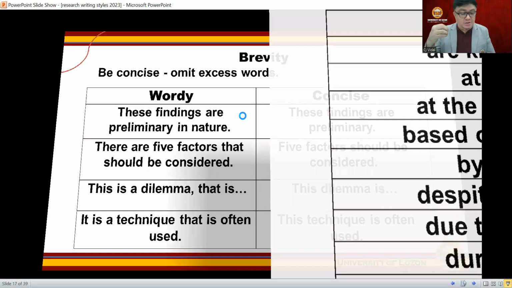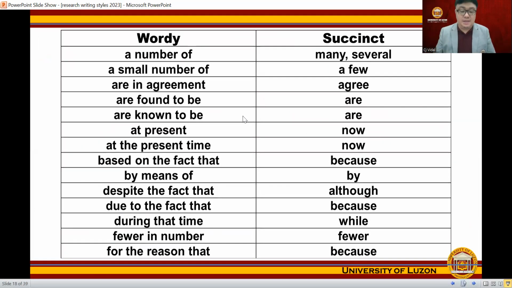To make your writing succinct, we use single words instead of phrases. For example, we choose to replace "a number of" with the word many or several.